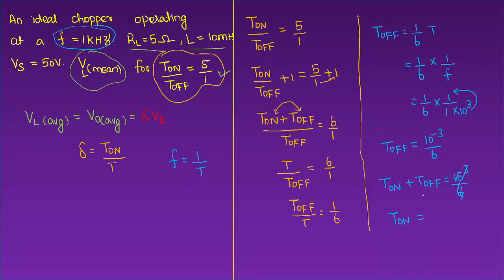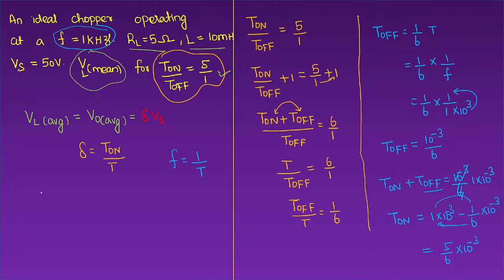The total time period is T on plus T off, and that value is 1 into 10 power minus 3, which is 1 millisecond. So T on equals 1 into 10 power minus 3 minus T off, which is 1 upon 6 into 10 power minus 3. Cross product, 6 minus 1 is 5, so 5 by 6 into 10 power minus 3. This is the on time.